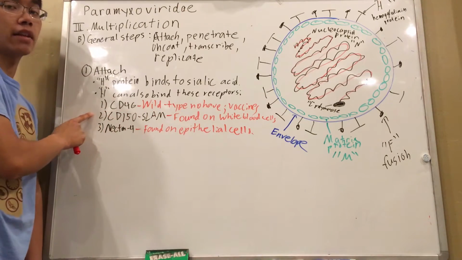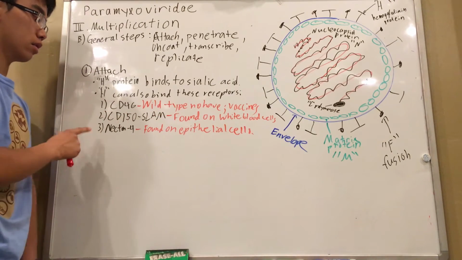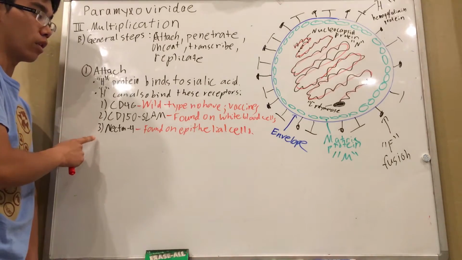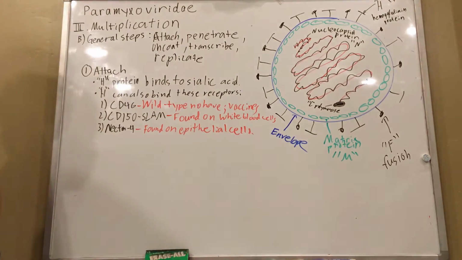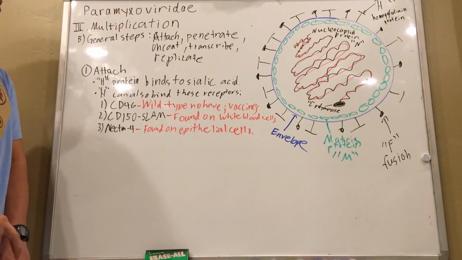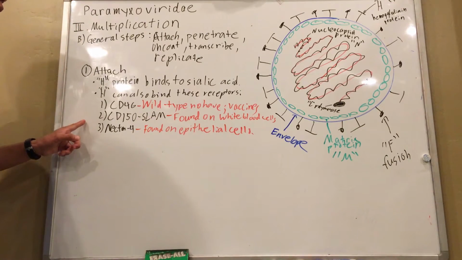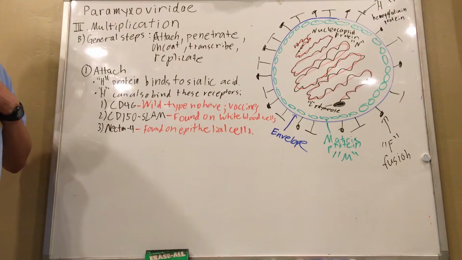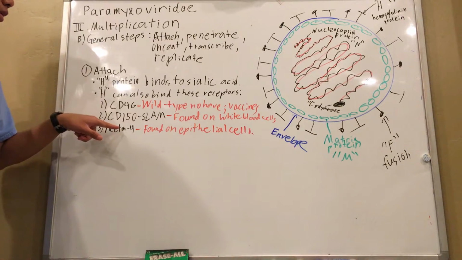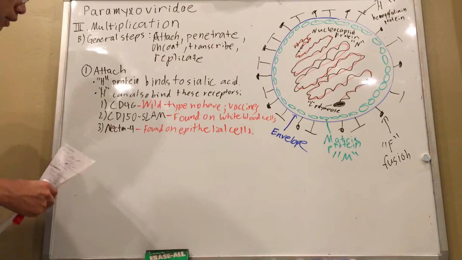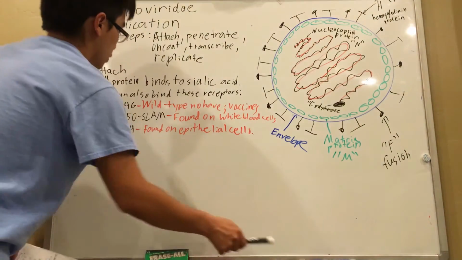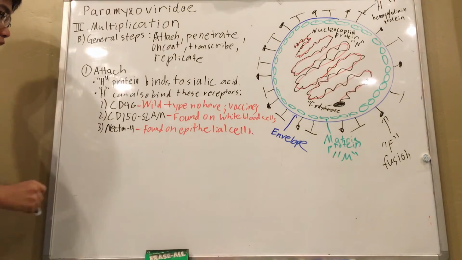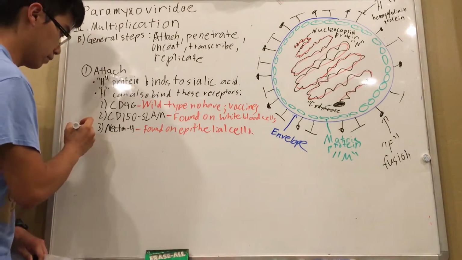If you can mess up your white blood cells, then that means bad things for your immunity, so you get really sick. Nectin-4 is just found on epithelial cells in the respiratory tract. So if you breathe in aerosolized Paramyxoviridae, they can start from your lungs via this Nectin-4. So those are details of attachment.